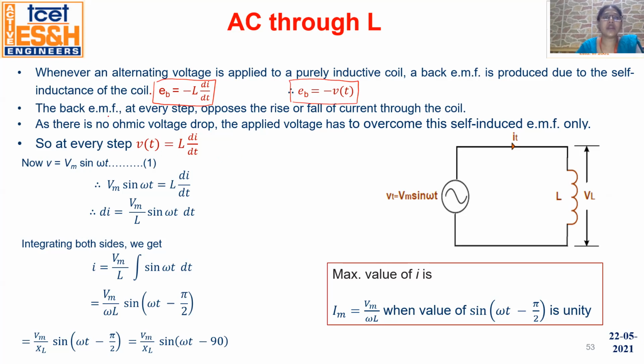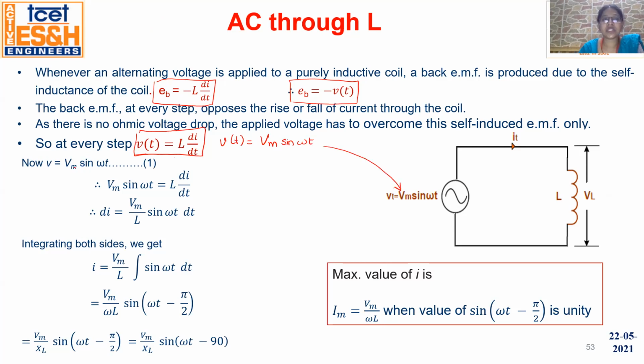Now, if there is no ohmic drop, the applied voltage has to overcome only this self-induced EMF, so Vt is equal to L di by dt. So this is our basic equation. Clear? Now, here Vt is what? Vm sine omega t as mentioned here.